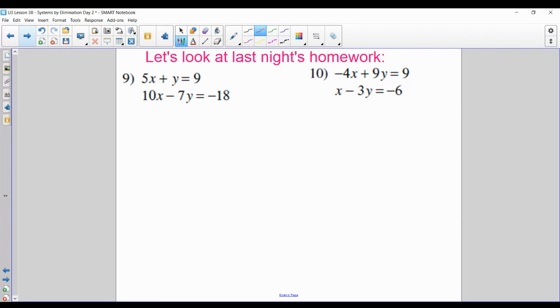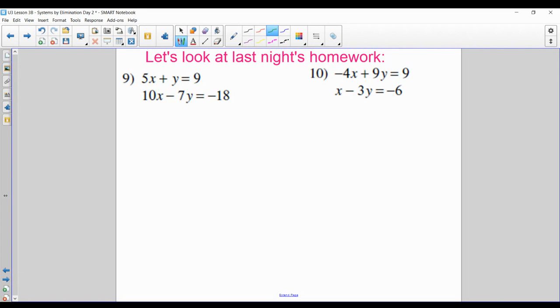So what we're going to do is multiply one of the equations by something to get them to match. If I look at this, I could multiply the first equation by 2 and create a 10x. I would multiply it by -2 to create a -10x. I can also set it up so that I make the y's match, which is what I'm going to do.